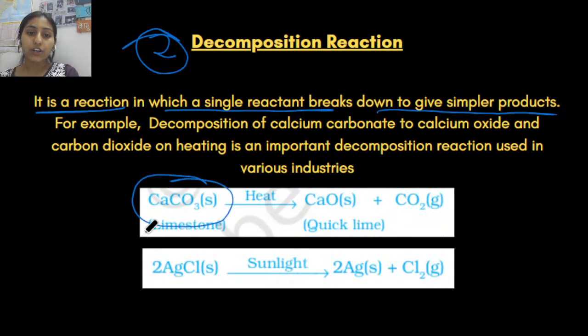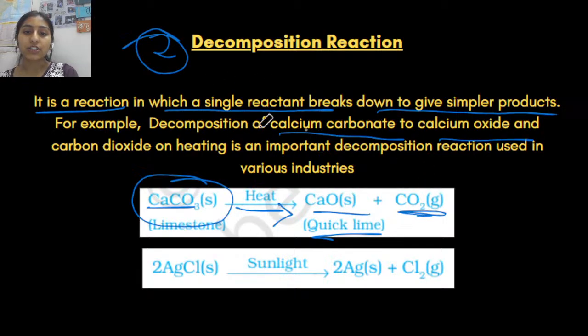Calcium carbonate or limestone, CaCO3, when it is heated, gives calcium oxide, CaO, which is also called quicklime, and carbon dioxide, CO2. The decomposition of calcium carbonate to calcium oxide and carbon dioxide on heating is an important decomposition reaction which is used in various industries.